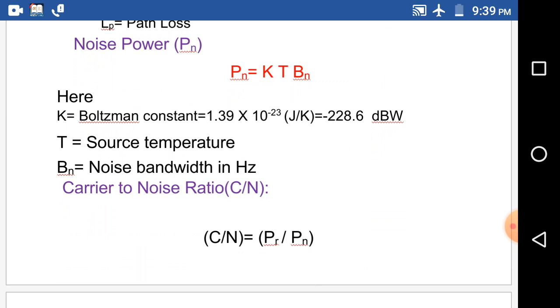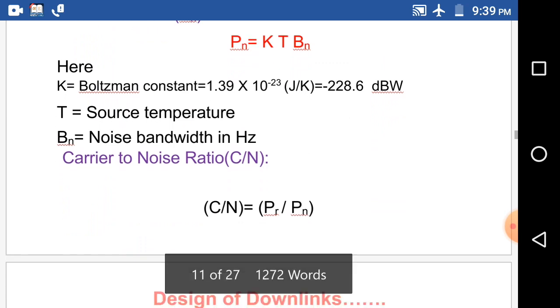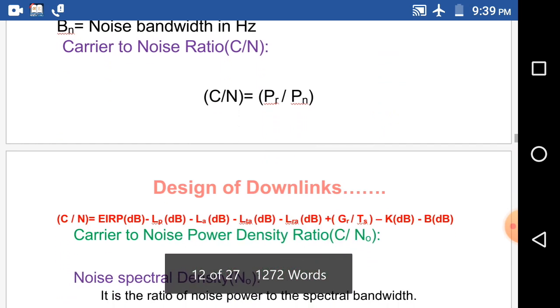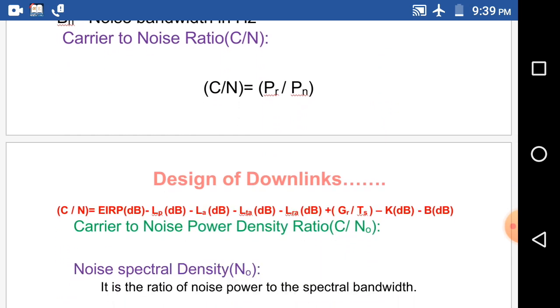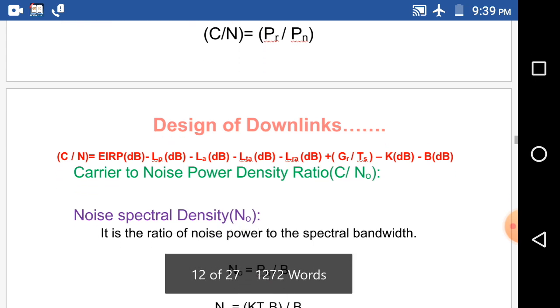K is the Boltzmann constant, T is the source temperature, also known as the system noise temperature, and Bn is the noise bandwidth. So C by N we can denote as PR by Pn. If we put the values of PR and Pn in the given equation, we will get a final formula.